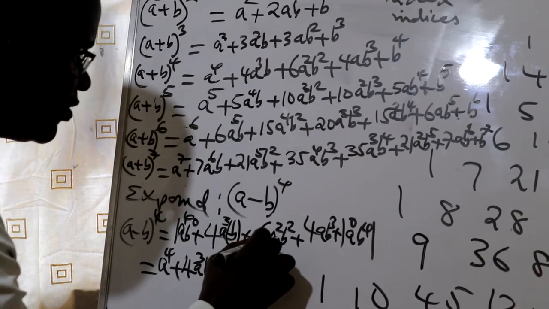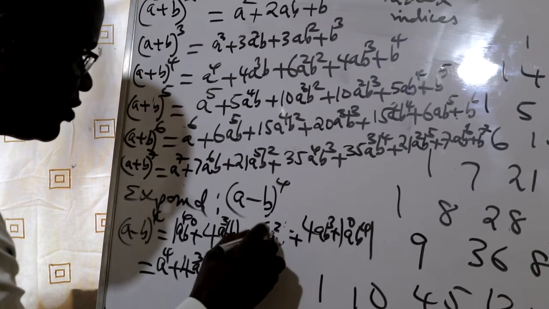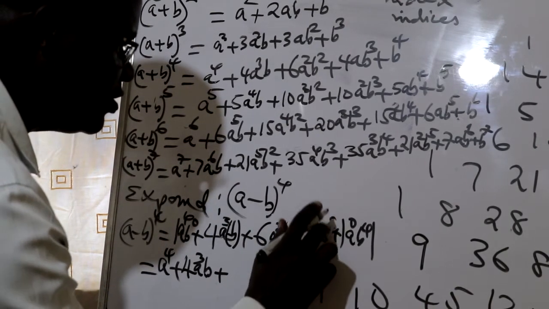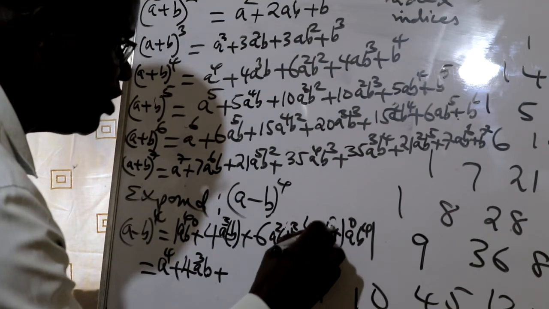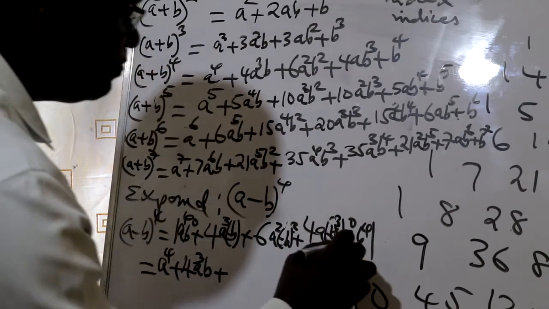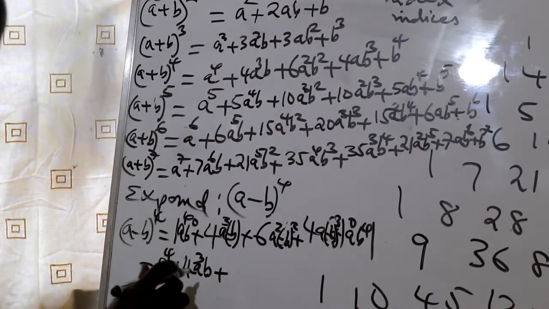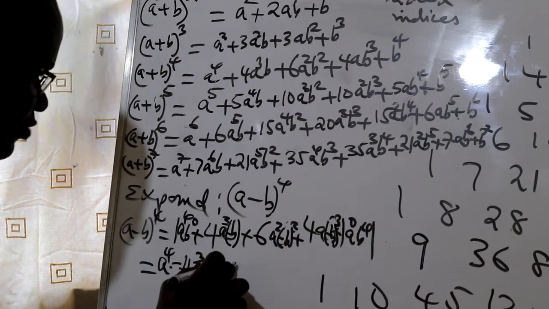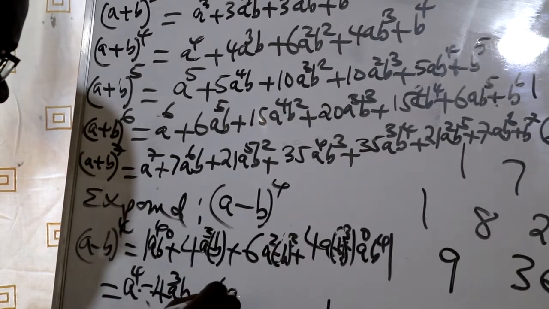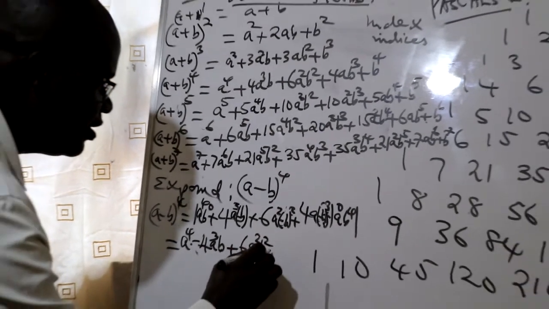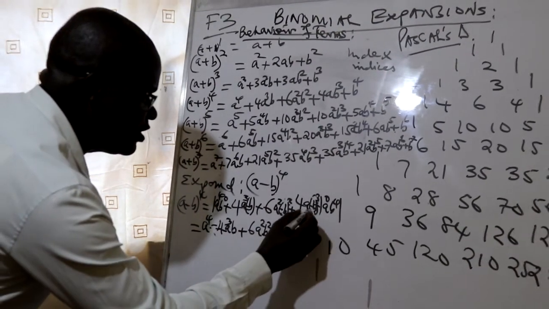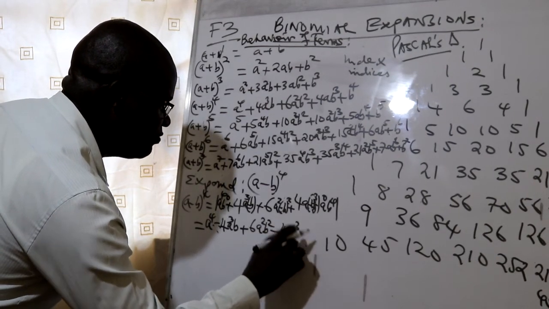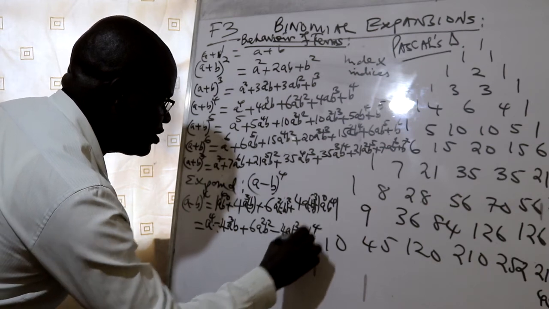That is negative B, negative B squared, negative B cubed. So when we take out, this one will become negative, this will be negative, this one will be positive: A squared B squared. And then this will be negative 4A B cubed. And finally plus B raised to 4.